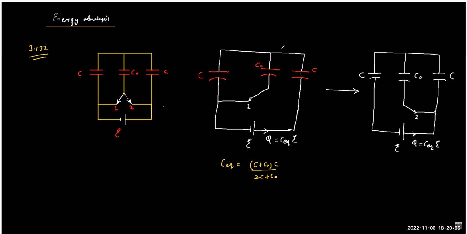So parallel means C plus C naught, and series means that into C upon the net value. So the answer is C plus C naught into C upon 2C plus C naught. In fact, C equivalent in this case is also going to be the same. Do you see that? Yes, sir. Because these two are in parallel and this is in series, you get the same answer.